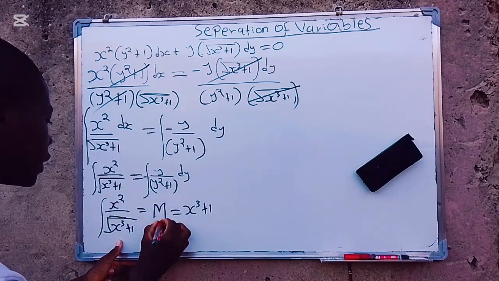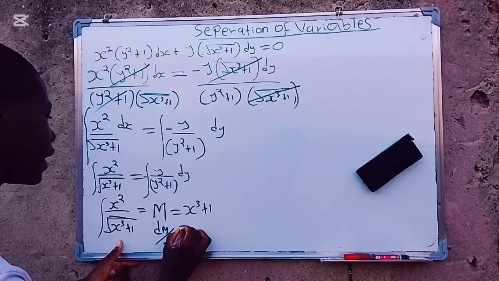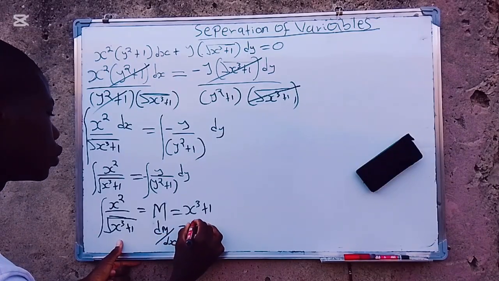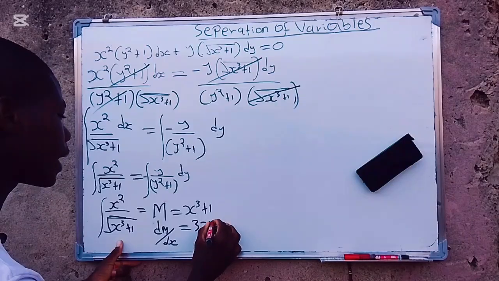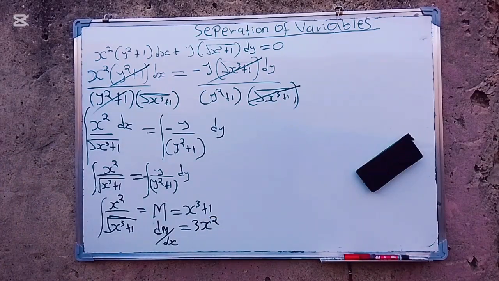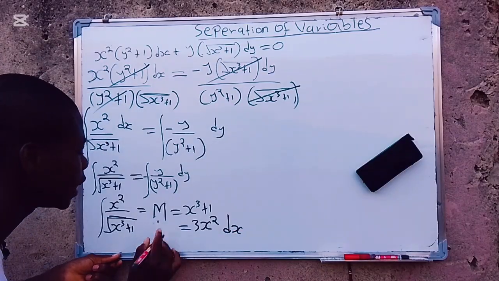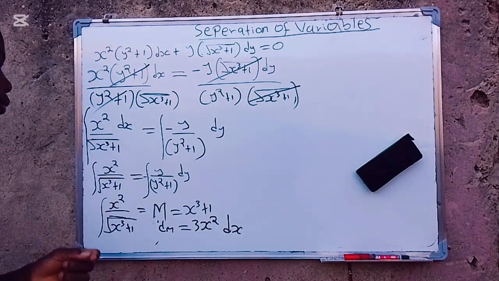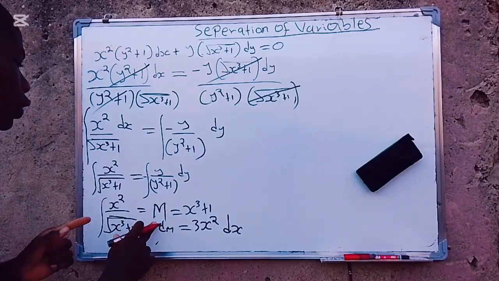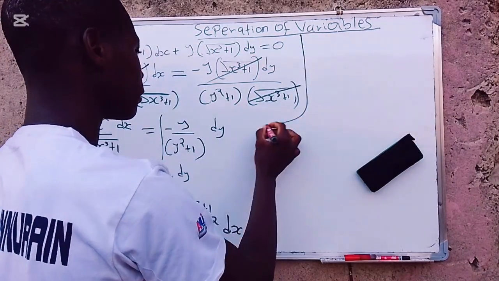So the derivative dm by dx should now be equal to 3x squared plus 0. So I have to say dx, or you can also put dm. When you put dm, you mean that you differentiate the value of this m.